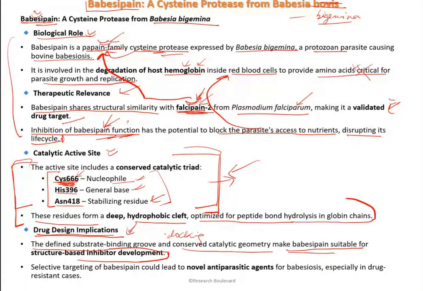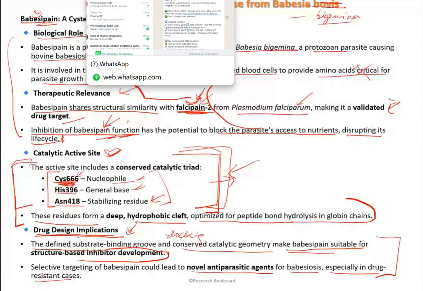Selective targeting of Babesipain could lead to novel antiparasitic agents for babesiosis, especially in drug-resistant cases. So our objective is clear: we need to model the catalytic site, because we want to do docking and find a new inhibitor for this cysteine protease, so that we can find some kind of treatment for babesiosis.